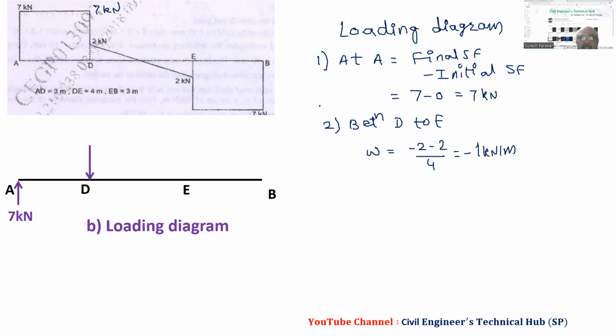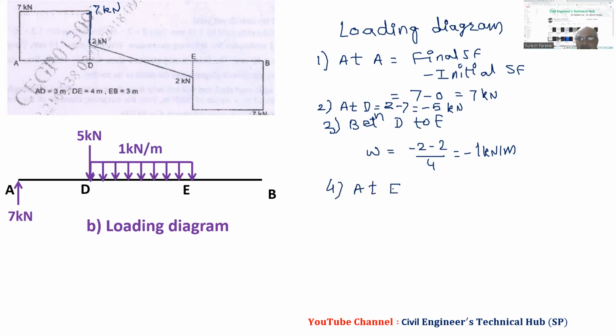So I will write here, second at D. At D, we have final shear force minus initial. Final we have plus 2 and initial 7, so we have minus 5 kilonewton. So we have this as downward 5 kilonewton. This distance, it is going from 7 to 2, so finally it's plus 2. And then third, between this, minus 1 kilonewton per meter. Then we have at E, again final minus initial.